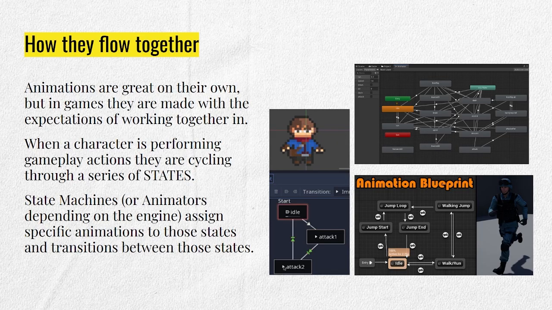That state could be like, right now I'm not moving, I'm idle. I'm walking, I'm in a walking state. That's a part of a moving state. If I speed up, my walking state becomes a running state. Each state and the transitions between those states and certain aspects of those states have an animation assigned to them.